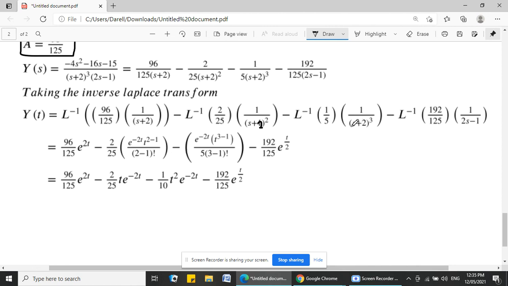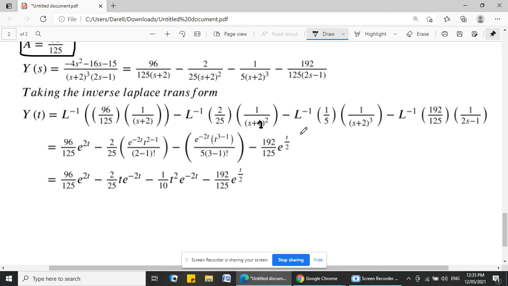Now, sa 1 over s plus 2 cubed, based lang gyapon in the inverse Laplace transform table, we get e negative 2t times t to the 3 minus 1, over 5 times 3 minus 1 factorial, minus 192 over 125 e to the t over 2.